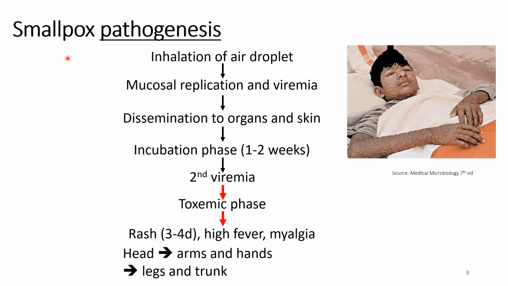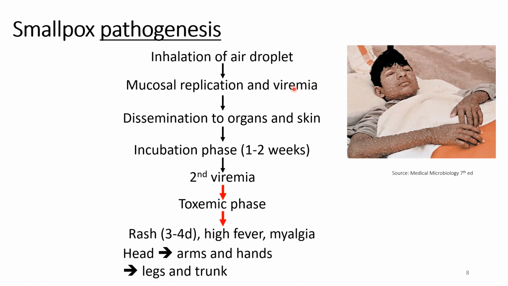The pathogenesis of smallpox starts with the inhalation of the virus in the respiratory droplets. Remember, this is a virus that spreads via the respiratory route. So this is followed by mucosal replication of the virus and spread to the regional lymph nodes. That results in a transient viremia.